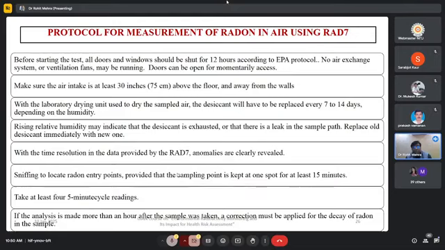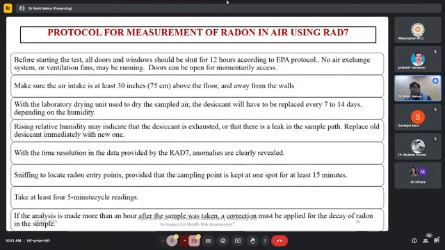With the laboratory drying unit used to dry the sampled air, the desiccant will have to be replaced every 7 to 14 days, because desiccant is generally used to remove the moisture content. So you have to remove it after 7 to 14 days so that you could use a new desiccant.